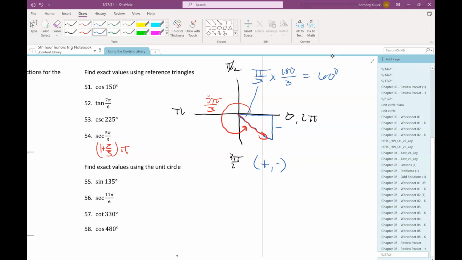Cool with that? Yeah. Okay. So opposite the 60, I'm going to use A instead of X since we have X coordinates floating around here, just to keep things from getting too confusing. So the side opposite the 60 is A root 3. The side adjacent to the 60 is A, and the hypotenuse is 2A.